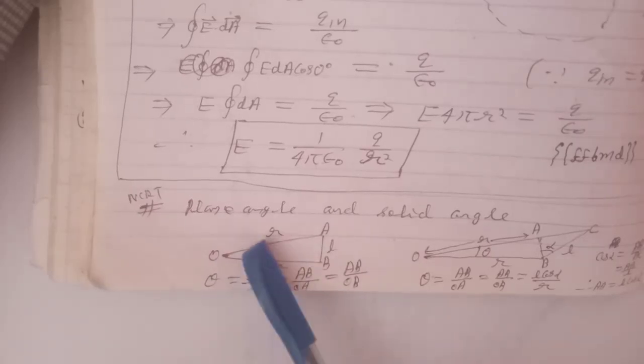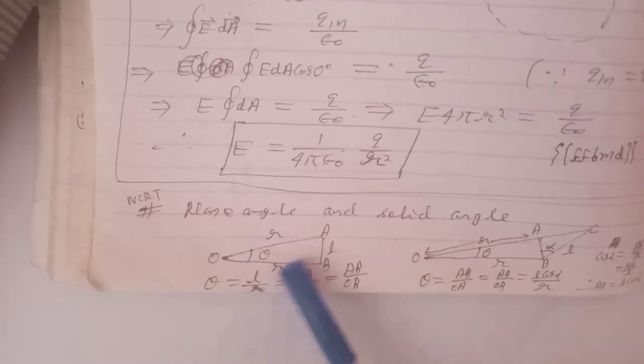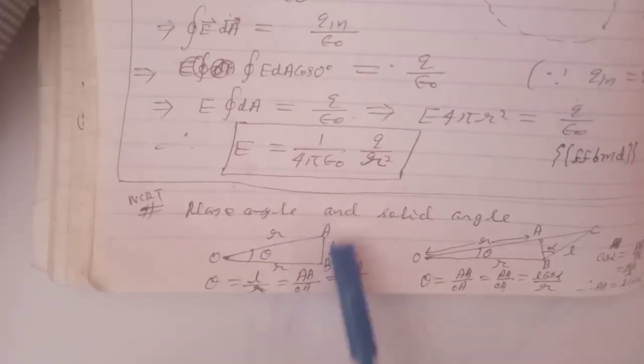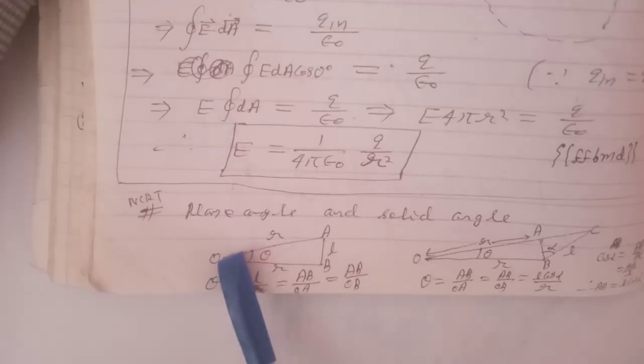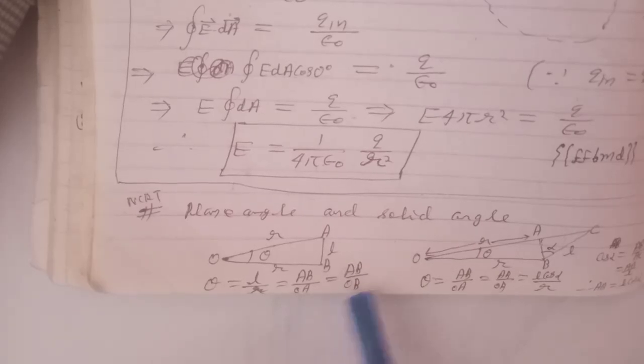Then the figure made by this is called an angle. Here this is the angle theta, and if theta is very small, then we can write theta equals L by R, where L is the arc AB and R is the distance of AB from this point O. So theta equals AB by OB.